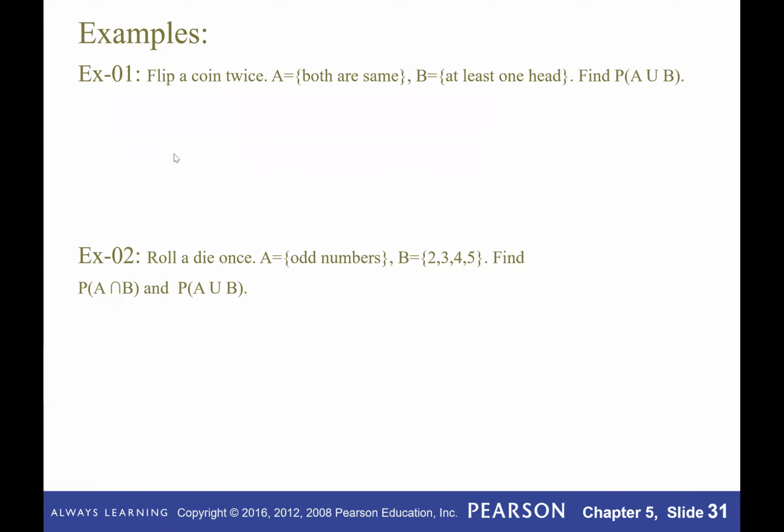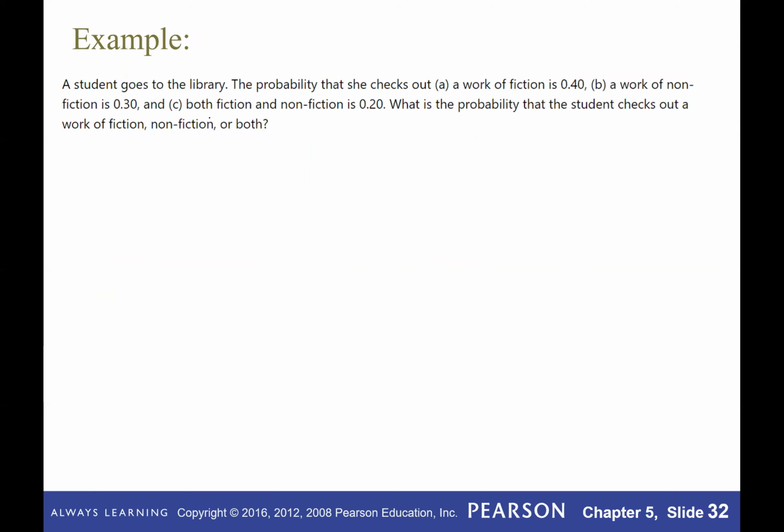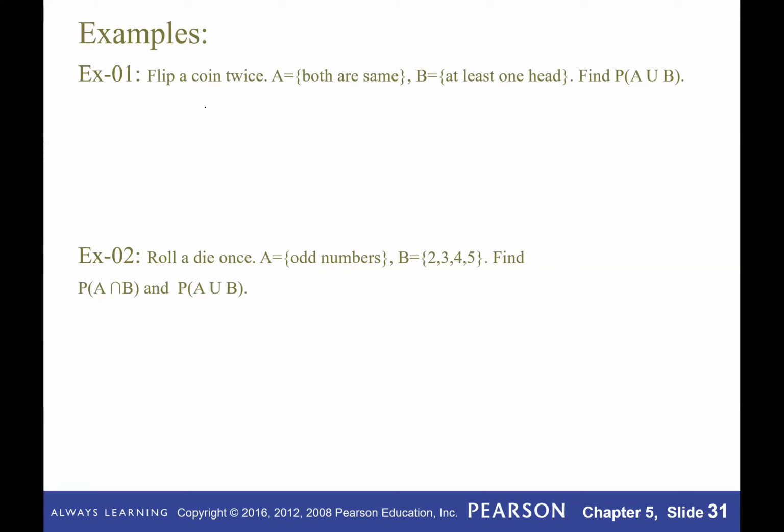Okay, good. So here are examples. First one is flip a coin twice, and A is both are same, and B is at least one head. Find the probability of A union B. So what is the sample space in this case? The sample space is HH, HT, TH, and TT.